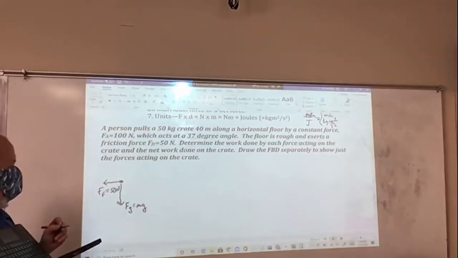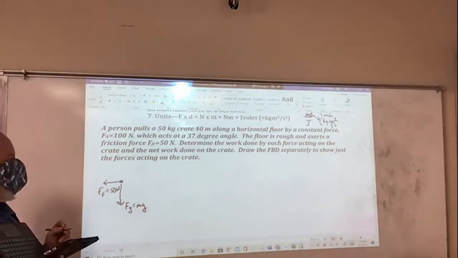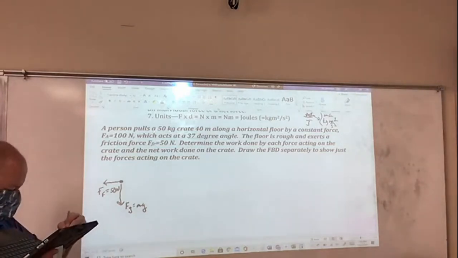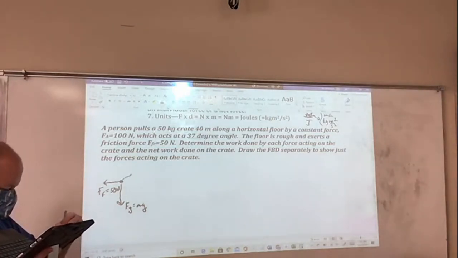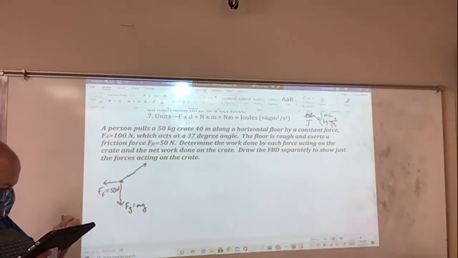Force of friction equals 50 newtons in the opposite direction. What are my other forces? Force applied. I have an applied force at an angle of 37 degrees of 100 newtons.